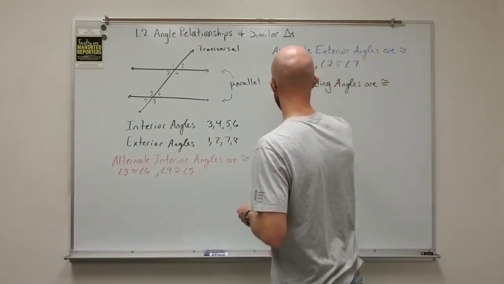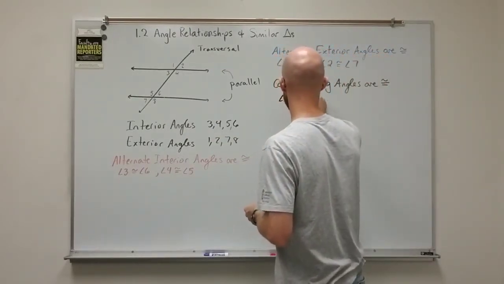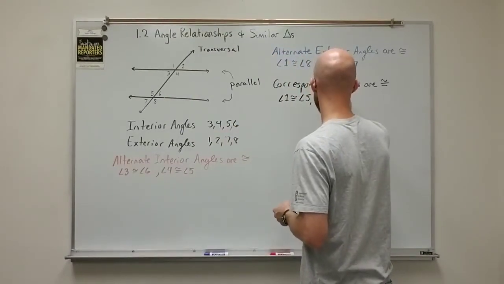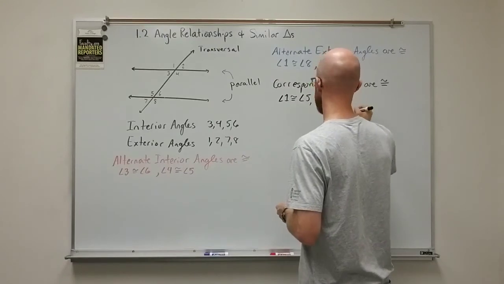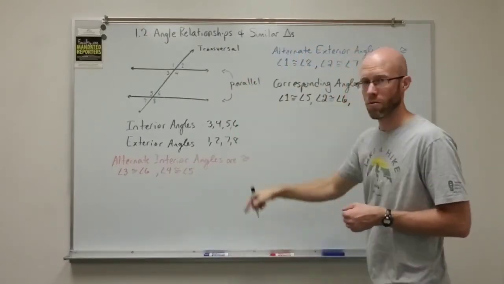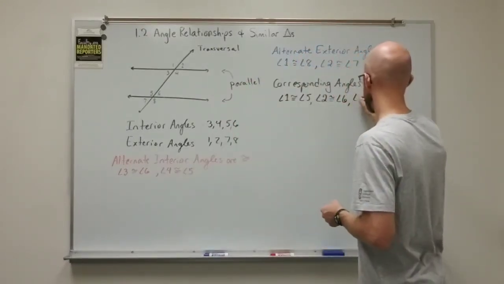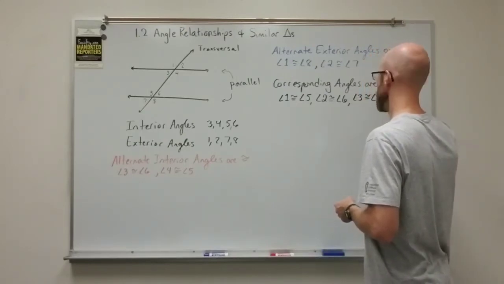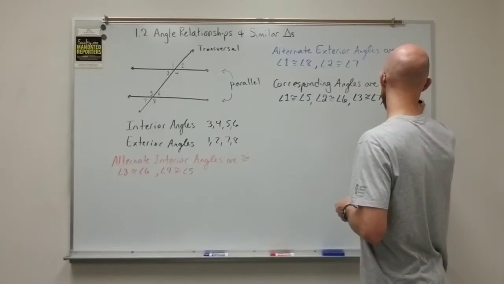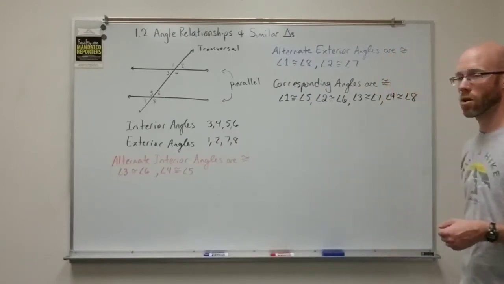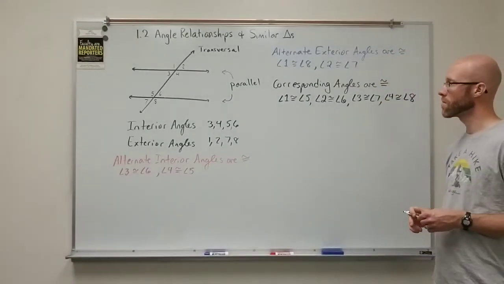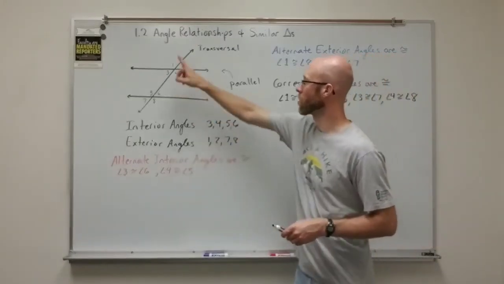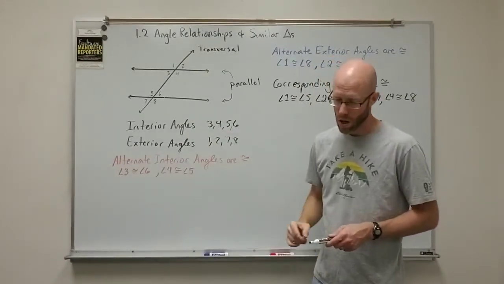Okay, so angle 1 is congruent to angle 5. 2 and 6, angle 2 is congruent to angle 6. 3 and 7 and 4 and 8. Okay, so angle 3 with angle 7 and angle 4 congruent with angle 8. So we get those 4 relationships there. I've already talked about the vertical angles. So it's 1 and 4, 2 and 3, and so forth.